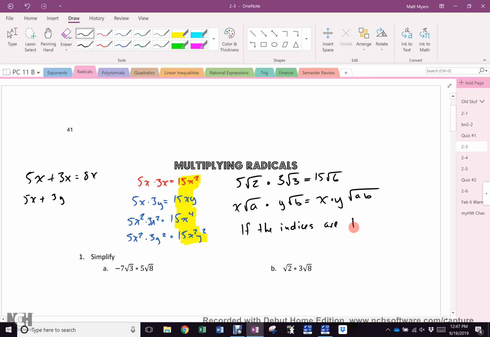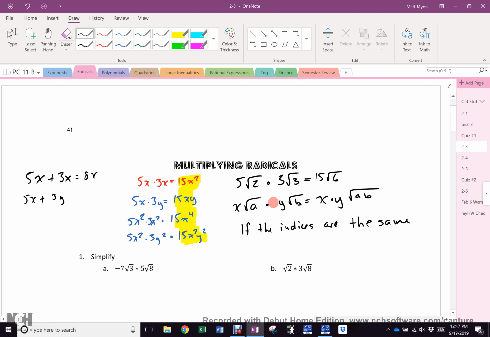Indices is, of course, plural for index. Everybody understand? Everybody good?